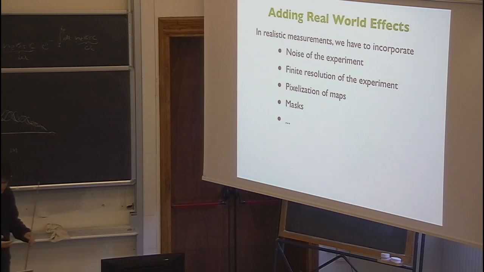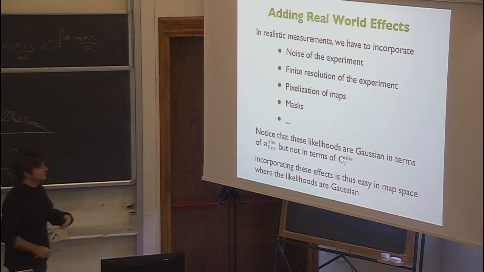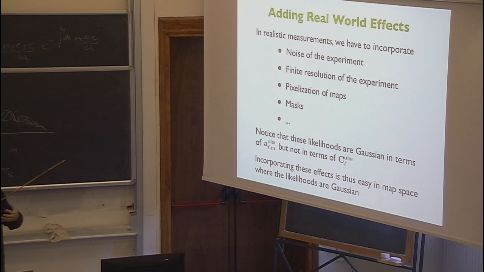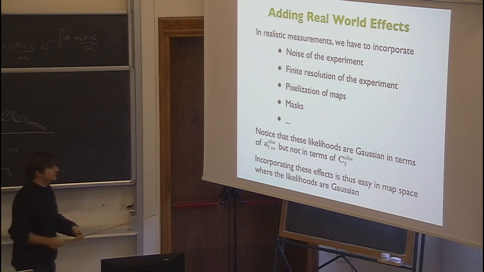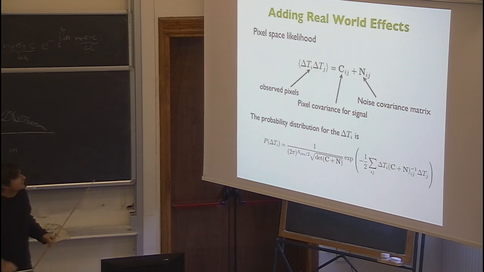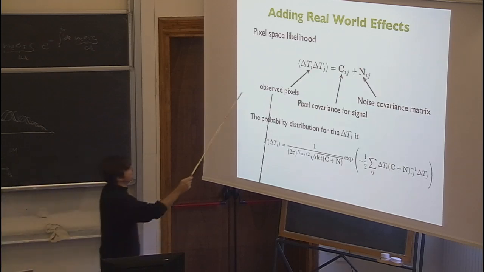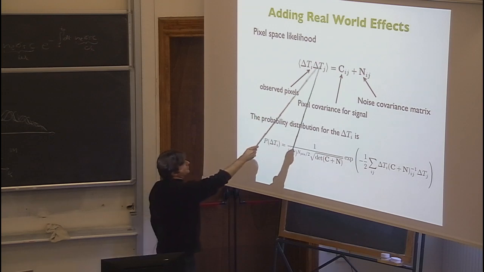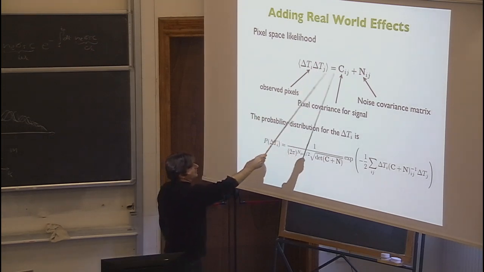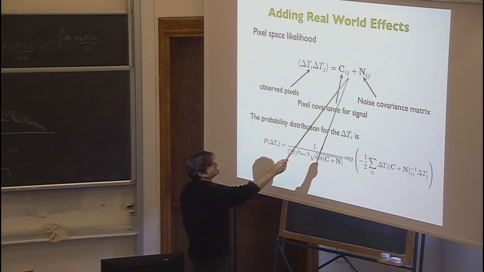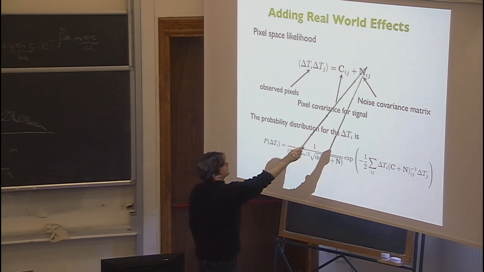The simplest way of including them, it's not feasible, but the simplest way, is if you work with the map-based likelihoods, because there you know the statistics of your fluctuations. They're just Gaussian. So it's easy to incorporate them. You just compute the 2-point correlation functions, which are just the covariance for the signal plus the covariance for the noise.